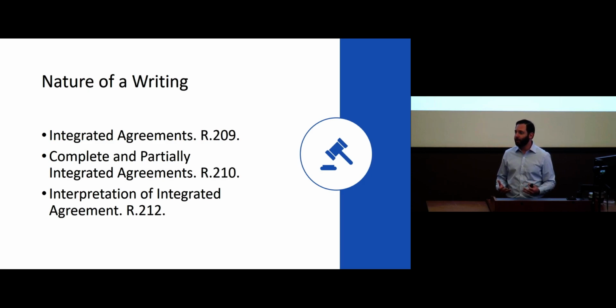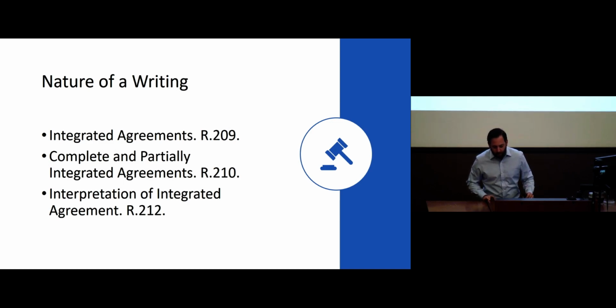the nature of the writing, whether the writing is integrated. And the parole evidence rule, shown in Restatement 209, 210, 212, and elsewhere, discusses whether the contract is integrated, meaning it is final and binding, but not necessarily complete, meaning there could be additional terms that were not included, but the terms that are here are final.